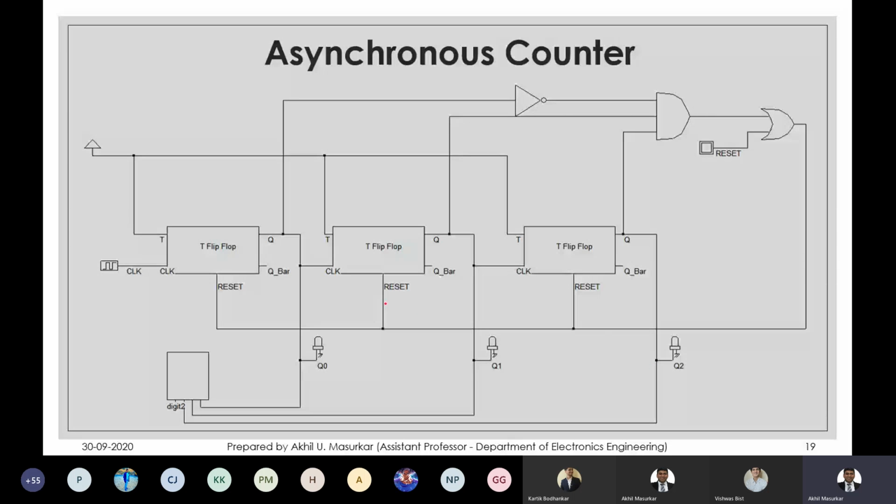Now you can see here that the T flip-flop is connected the way it is, that is Q is connected to clock. But here you can see this is Q0, this is Q1, and this is Q2.